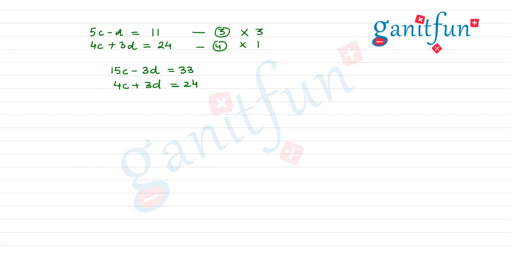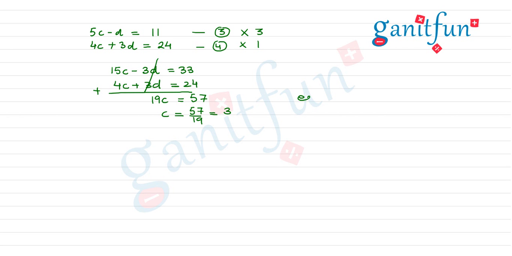Again we add both the equations. We'll see again 3D will go. So we'll have 19C is equal to 57. C is 57 divided by 19, which is nothing but 3. Now putting the value of C equal to 3 in, say, equation number 3.